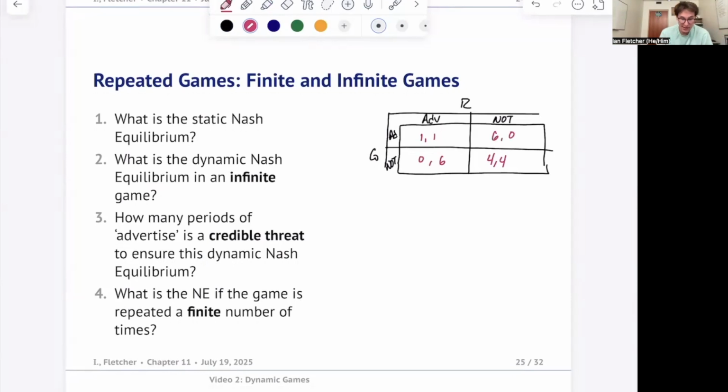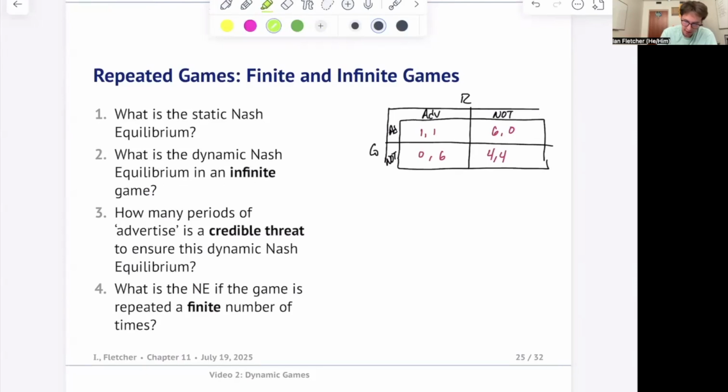In the static game, remember, we said that 1-1 was the Nash equilibrium. If you want to see why, go back to video one. In an infinite game, a game that has no end, what is going to be the Nash equilibrium? It is going to be not advertise, not advertise.